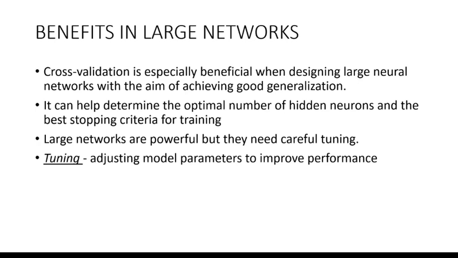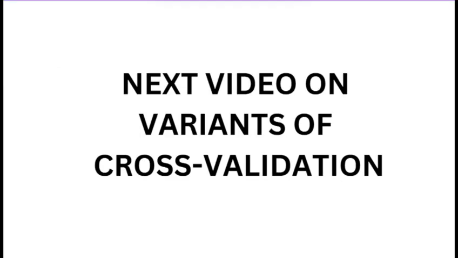Large networks are powerful, but they require careful tuning. Tuning is adjusting the model's parameters to improve the performance. You should adjust the parameters carefully. Only then can large neural networks be as powerful as we want them to be.